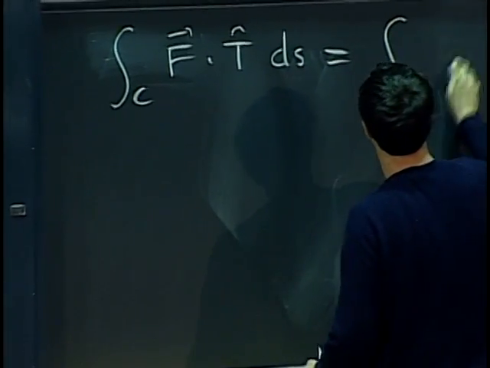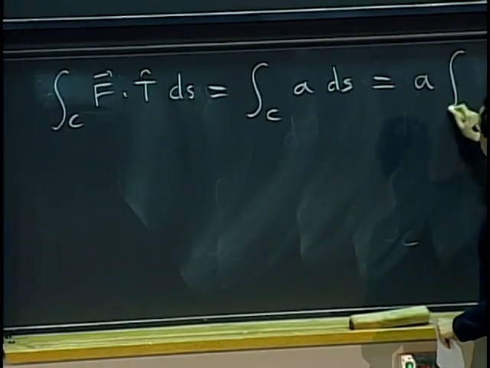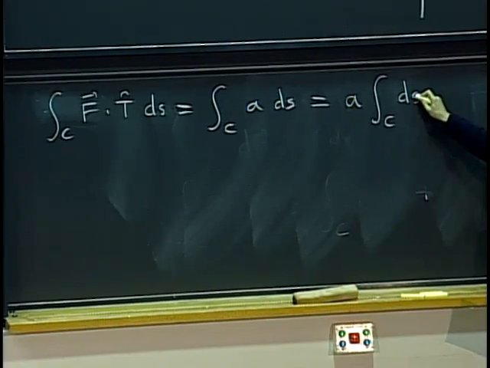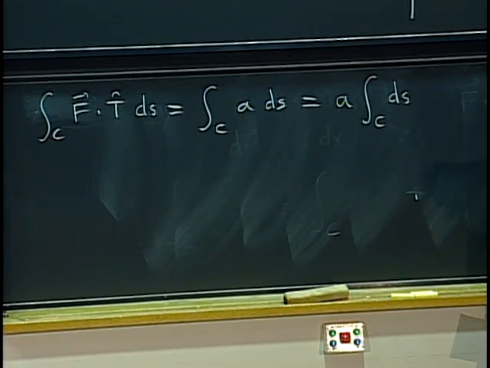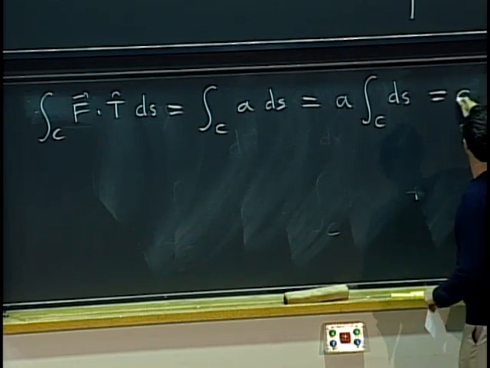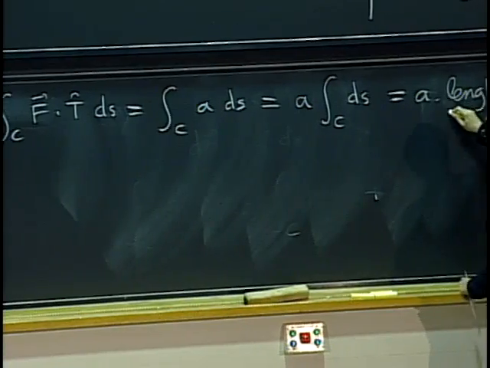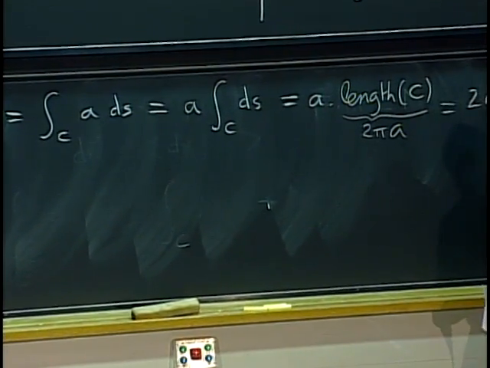Because that becomes the integral of a ds, but a is a constant, so we can take it out. And now what do we get when we integrate ds along C? Well, we should get the total length of the curve, if we sum all the little pieces of arc length. We know that the length of a circle of radius a is 2 pi a, so we get 2 pi a squared.